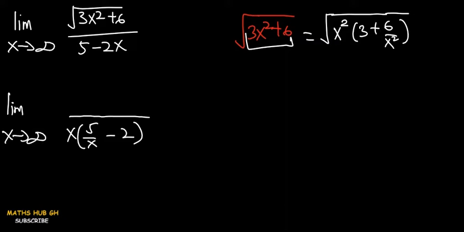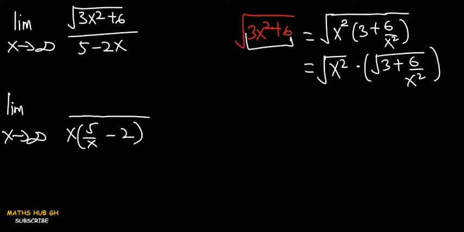So I can write this as the square root of x squared multiplying bracket open 3 plus 6 over x squared. So this is what we have now.